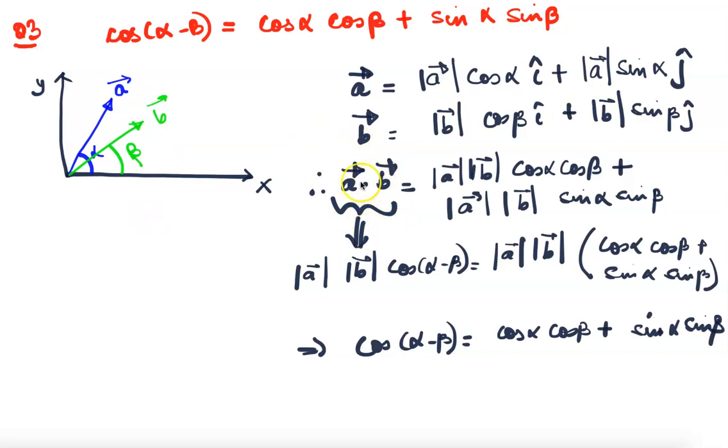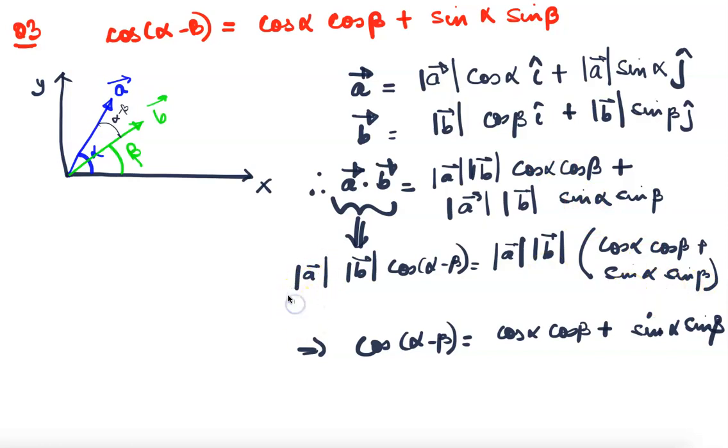But again, the angle between A and B is this, which is alpha minus beta. So we can say it's magnitude of A into magnitude of B into cos of angle between A and B. Taking out magnitude of A and B common, we have cos alpha cos beta plus sin alpha sin beta.